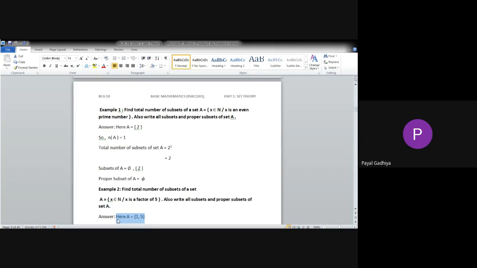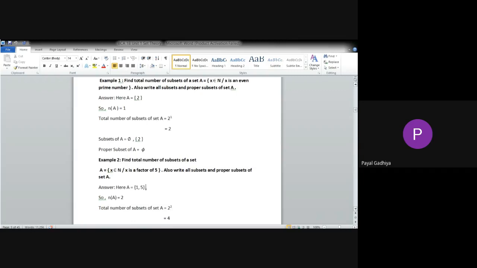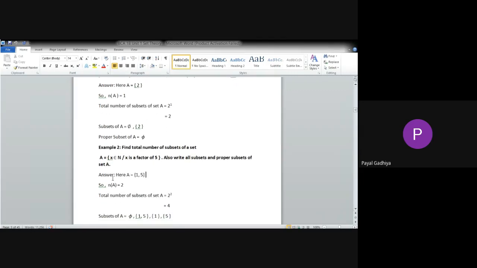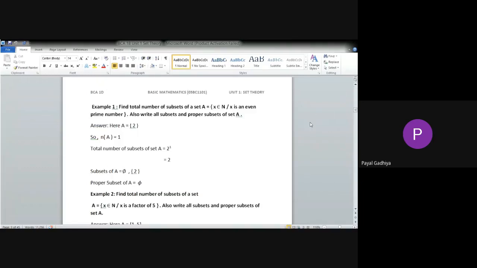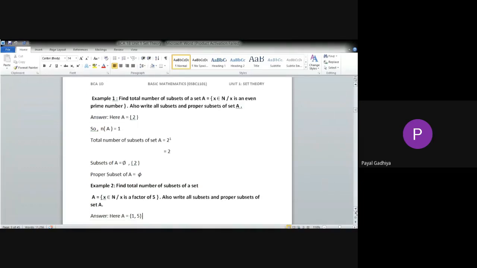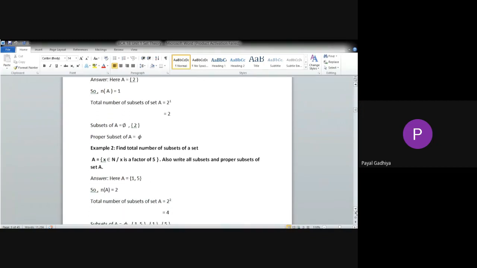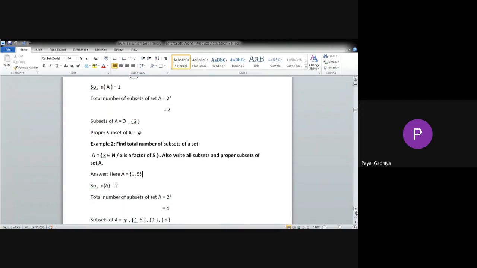Yes, so the subsets are singleton 1, singleton 5, the null set and {1, 5}. Total number of subsets is 2 raised to 2.